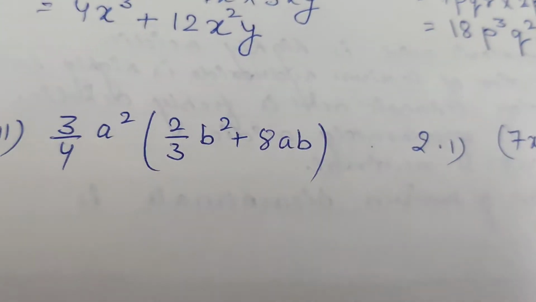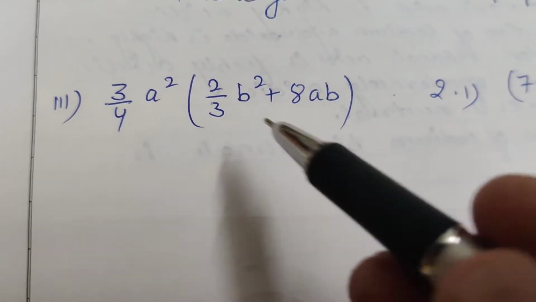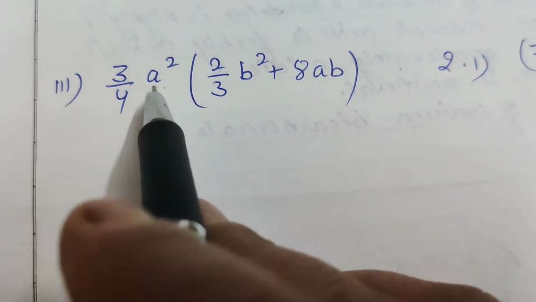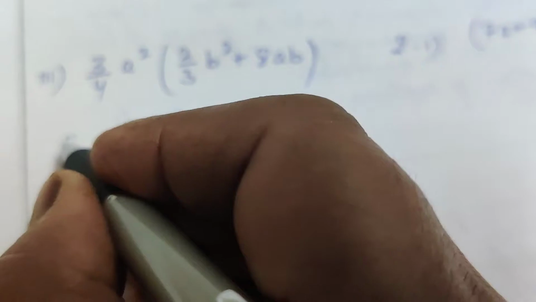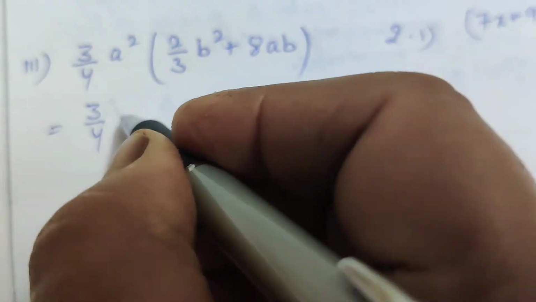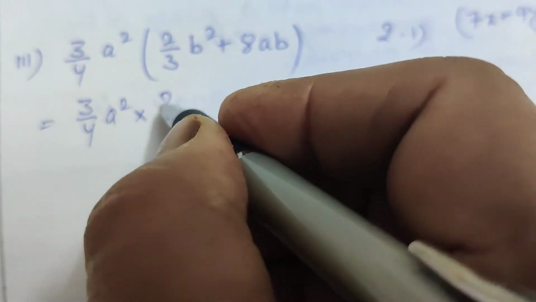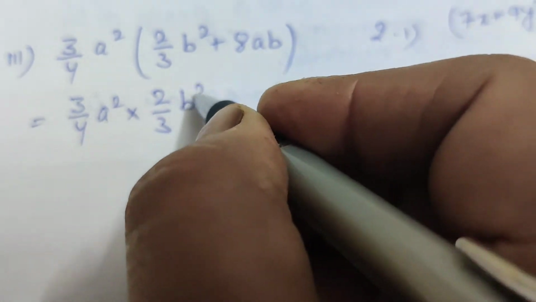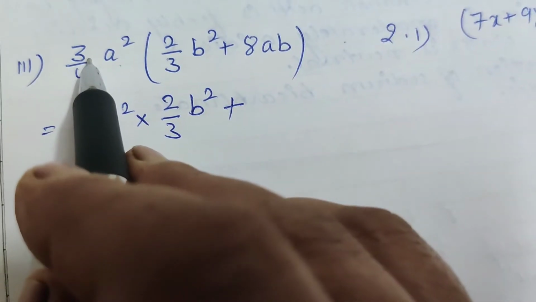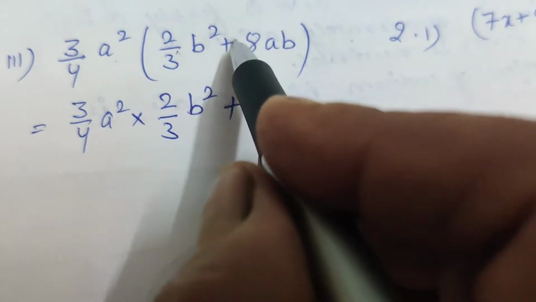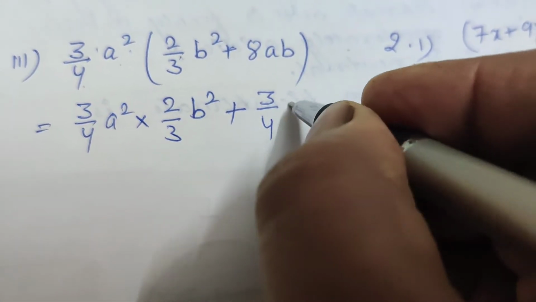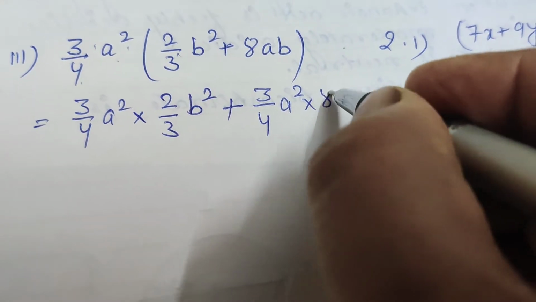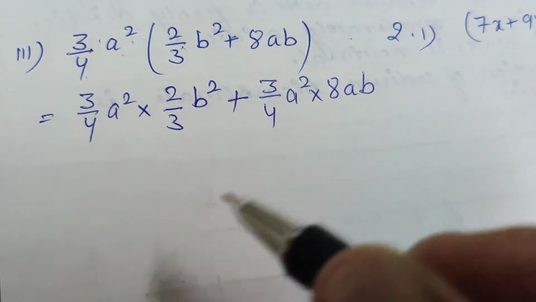And the third one is this, 3 by 4 a square. This is a monomial multiplied by this binomial. The first term, 3 by 4 a square multiplied by 2 by 3 b square, plus 3 by 4 a square multiplied by 8ab.